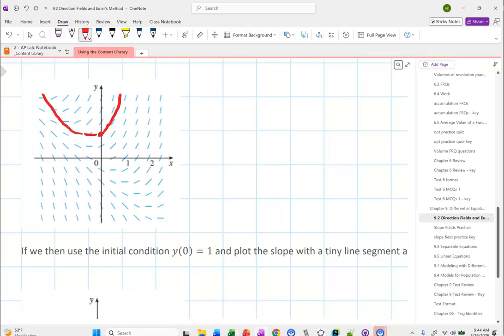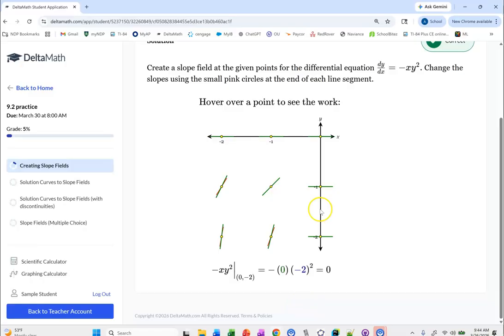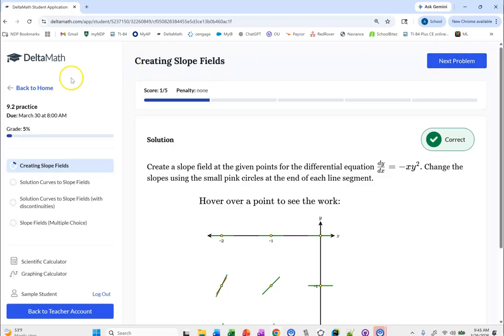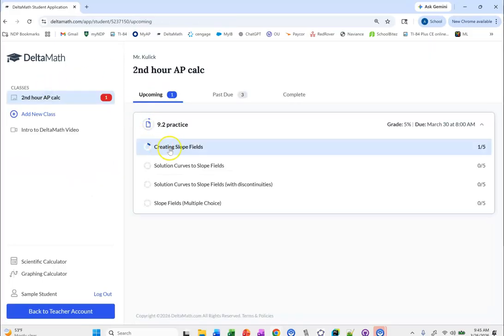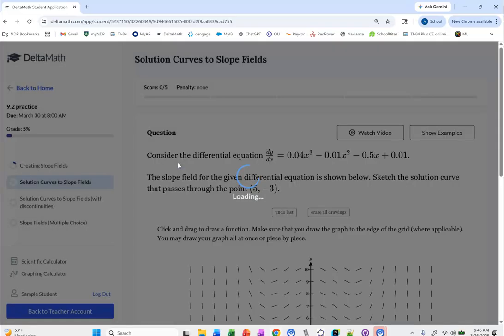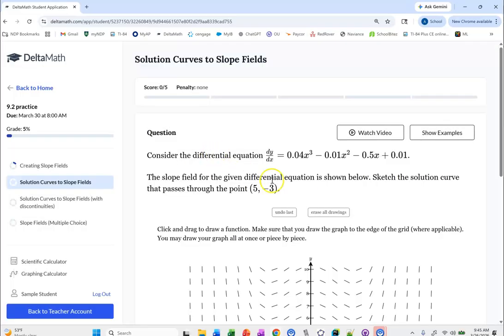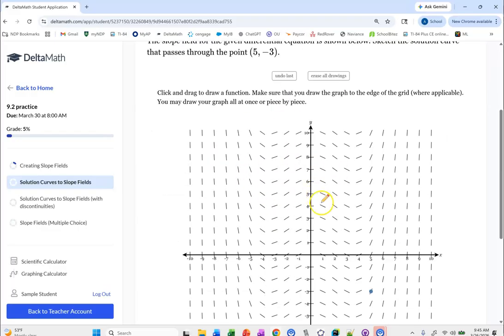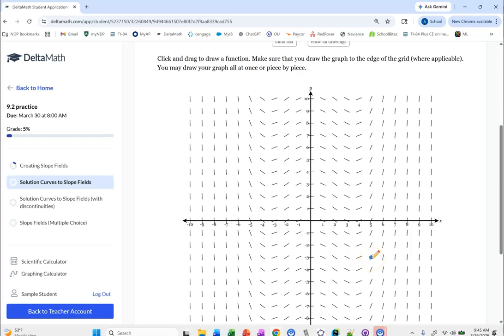Okay. Again, doing this by hand is kind of stinky. But again, we give you the Delta Math. So it says, okay, here's your differential equation. Here's the slope field. We have the 0.5, -3, which they've already put in for us.